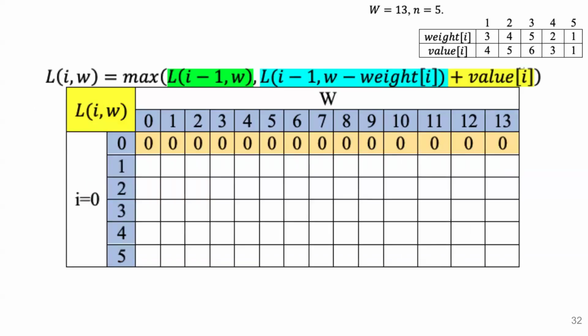For example, this is for the bag size, W is for the bag size, and this is for the item. So if you consider the first 0 items for a bag size of 1 kilogram, the total value would be 0, because you are not considering anything, as our items are indexed from 1 to 5.